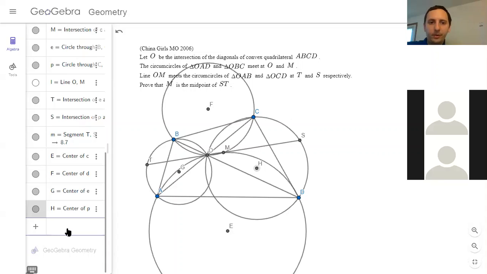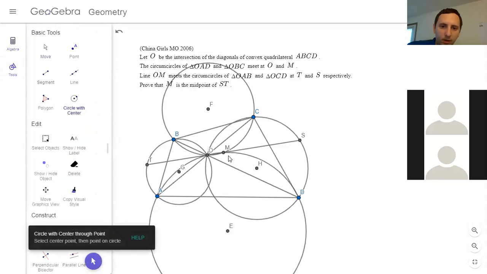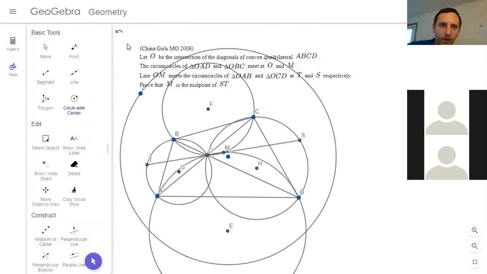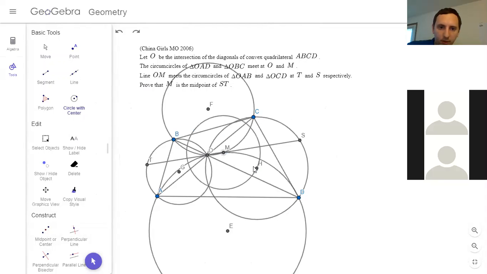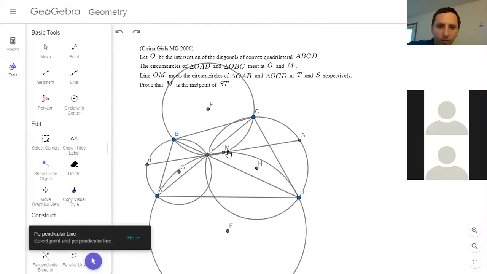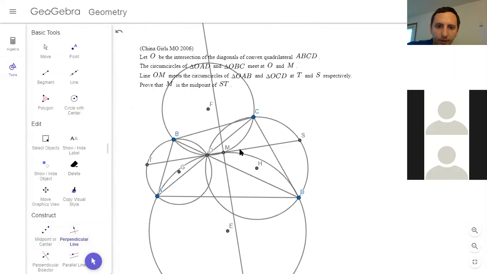I feel like we just want to show M has the same power with respect to those two circles, right? So I feel like there should be, does MG equal, whoops, sorry. Can you draw the perpendicular from M to TS? From M to TS, draw the perpendicular?